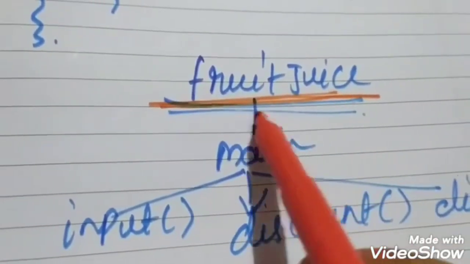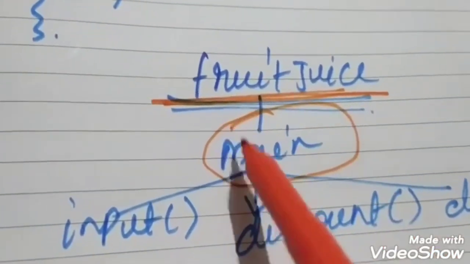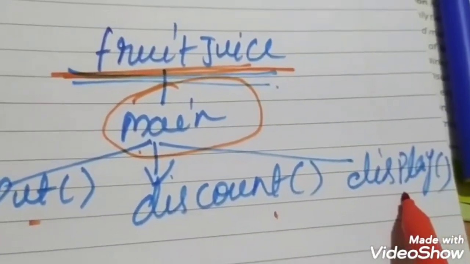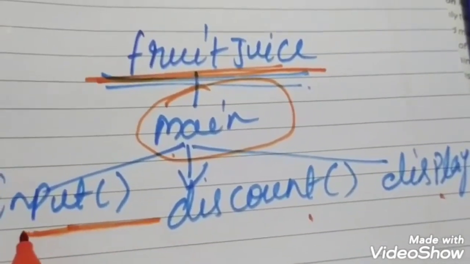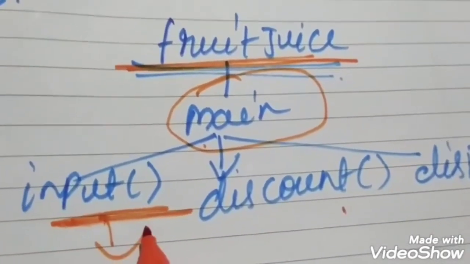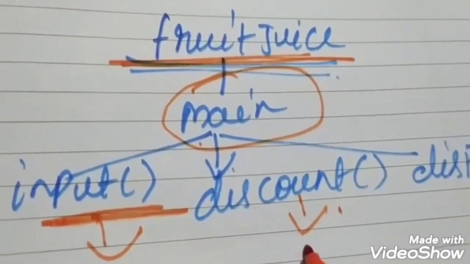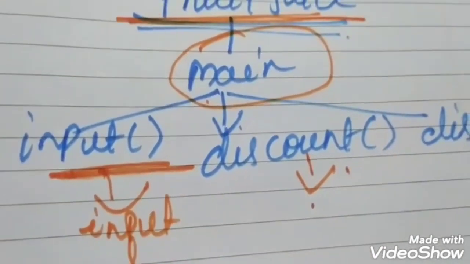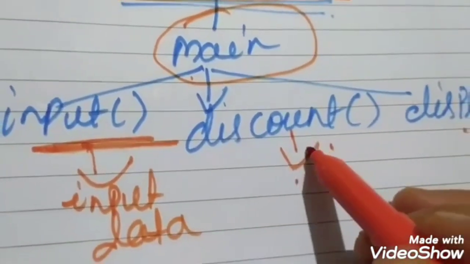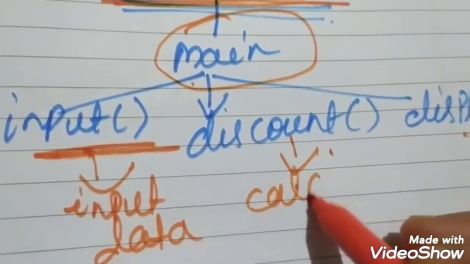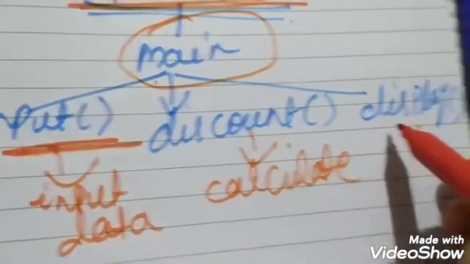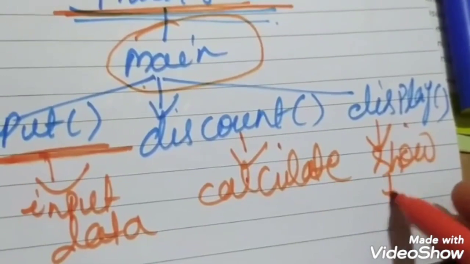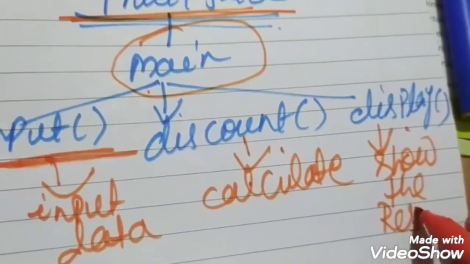In the fruit juice program, the main method is the first method, which invokes these three methods: input method, discount method and display method. The input method is by which we have to input the data, the discount method is through which we have to calculate the discount, and the display method shows the result.